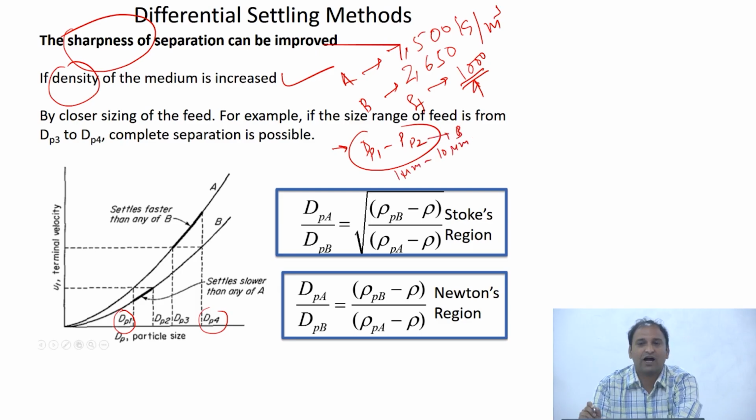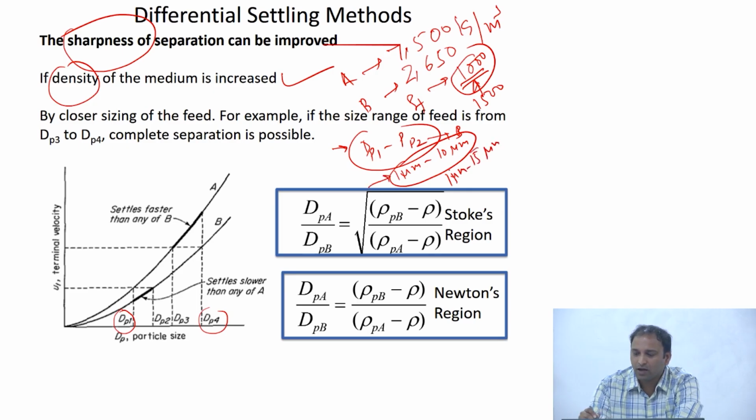B into a pure fraction, using a fluid density of 1000. If I make it 1500, it turns out that I can actually increase the size range. I can maybe go from 1 micrometer to, say, 15 micrometer, because I'm able to get a larger size range into a pure fraction.